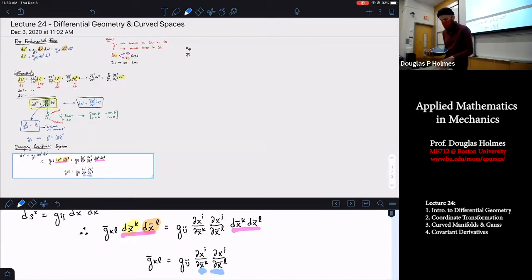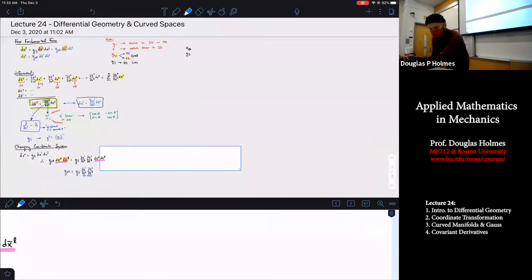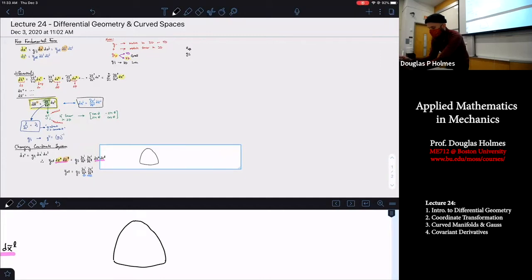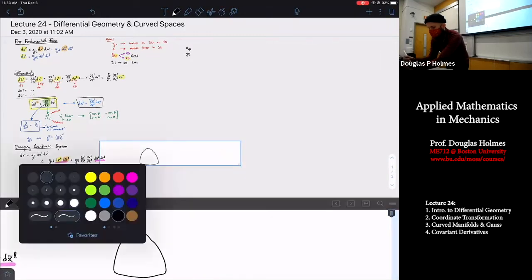Let's see if I can do this quickly. For instance, if I'm looking at an example in which I have spherical coordinates, I'm drawing a segment of a sphere.